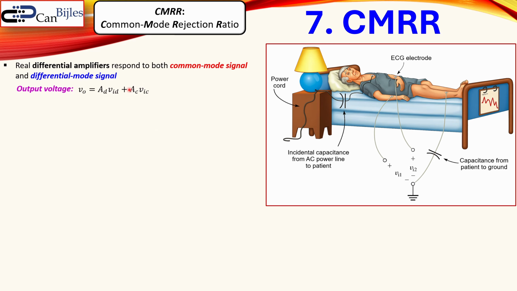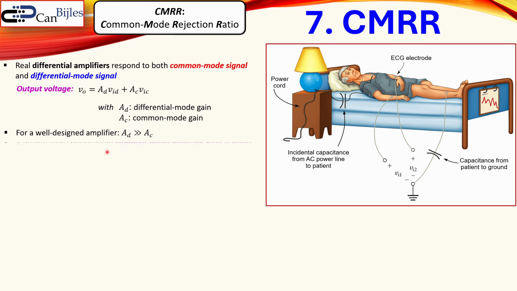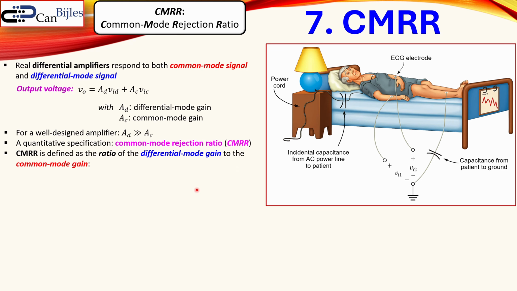And this is what we would like to have much smaller, preferably 0, compared to the differential mode part. So we have here AD and AC as shown here. Now for a well-designed amplifier, AD is much larger than AC. Now the quantitative specification we would like to use, that's the objective of this section, is the common mode rejection ratio, CMRR. And that is the ratio of the differential mode gain and the common mode gain.